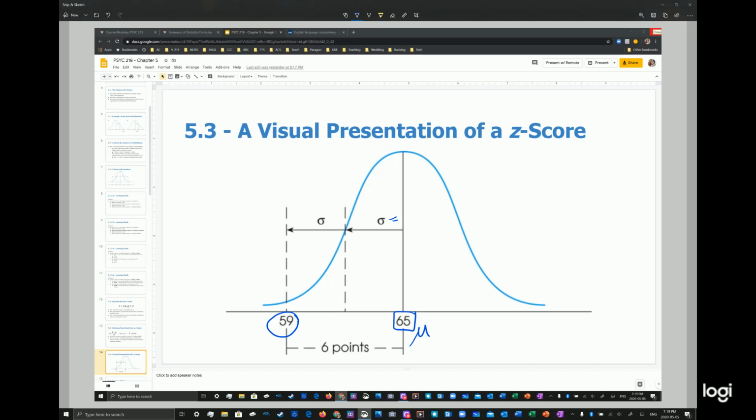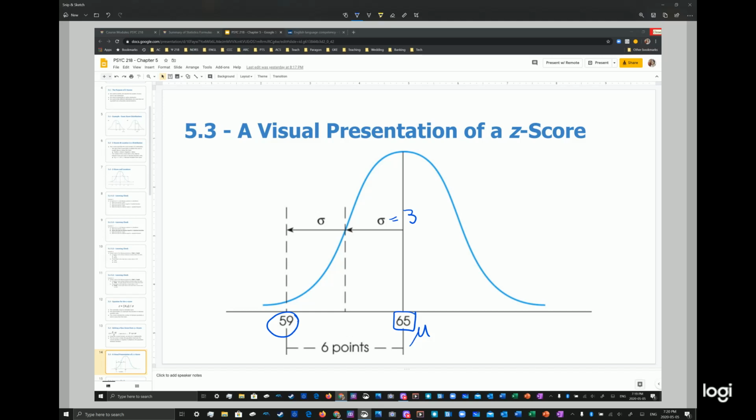If you're given clues like, oh, okay, I know 59 is 6 points below 65, and in the picture we're given a clue, okay, that's 2 standard deviations away, and if 2 standard deviations is worth 6 points, then 1 standard deviation is worth 3 points.